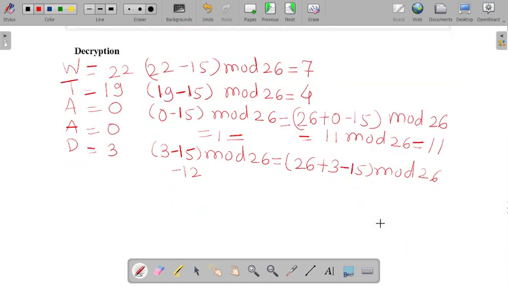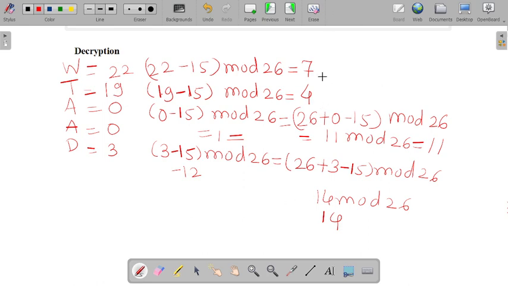So 26 plus 3 minus 15 gives the value 14. So 14 mod 26, again you get the value 14. That's the way we can solve it for a negative number.